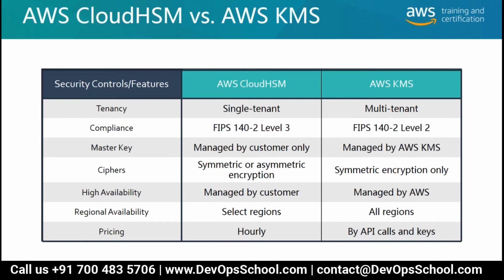And what is the pricing strategy? HSM is priced on an hourly basis, you pay for it every hour, whereas KMS is priced by API calls: how many calls you make and how many keys you are storing, you pay according to that.